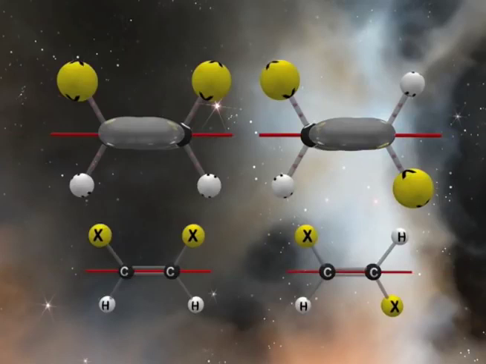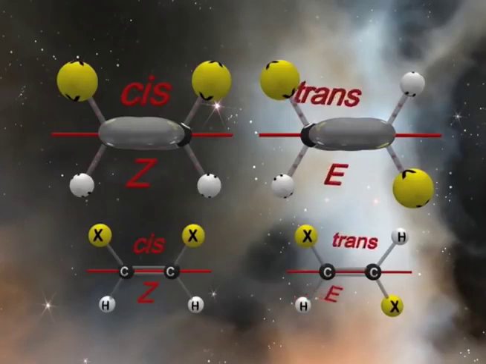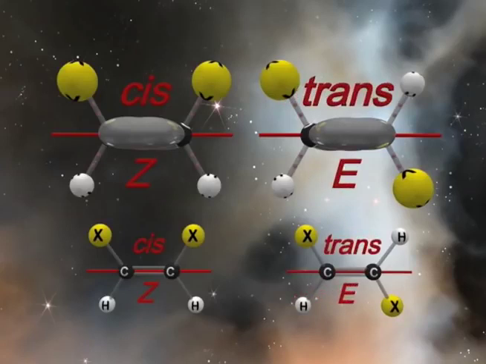When we draw an imaginary line along the axis of the double bond, and then compare groups on each carbon using the Cahn-Ingold-Prelog sequence rules, we can determine if the groups of priority are on the same side, called the cis isomer, often abbreviated Z. Alternatively, the groups of priority can be on opposite sides of the imaginary line, called the trans isomer, often abbreviated E.